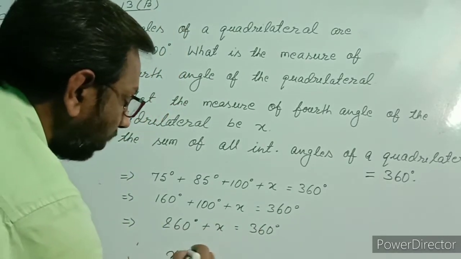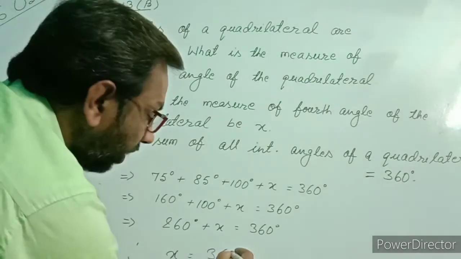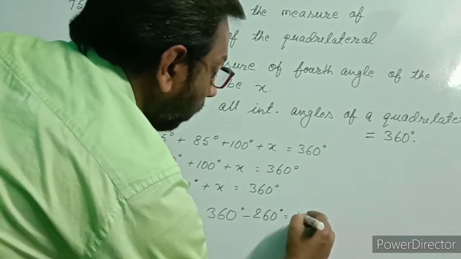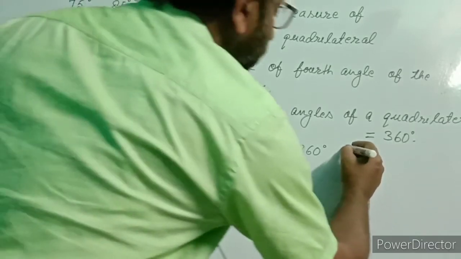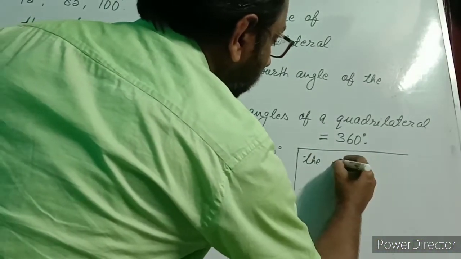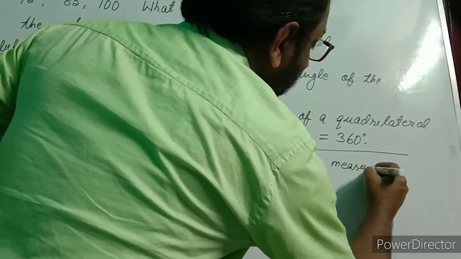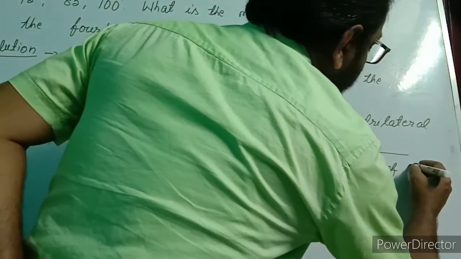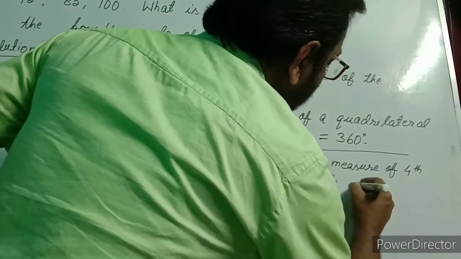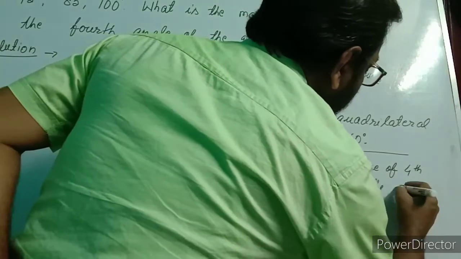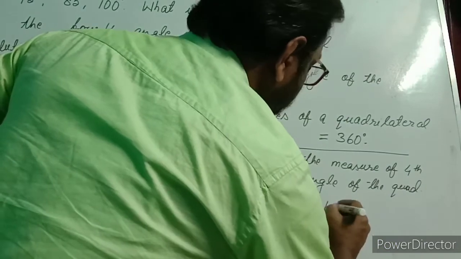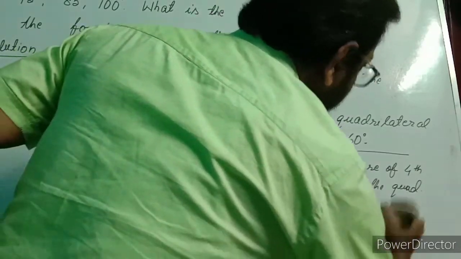Therefore, x equal to 360 degree minus 260 degree equal to 100 degree. So this side we write the answer: the measure of the fourth angle of the quadrilateral is equal to 100 degree. This became the answer.